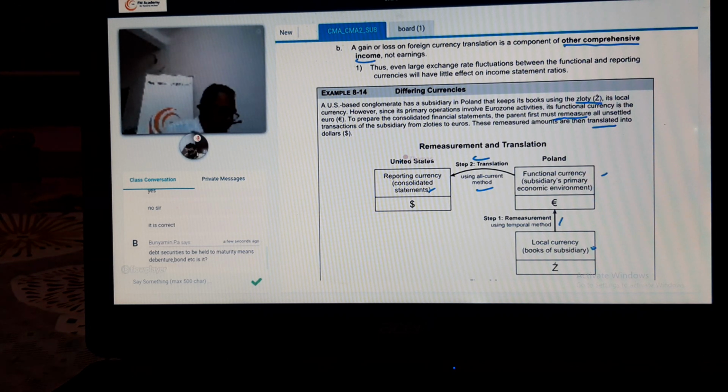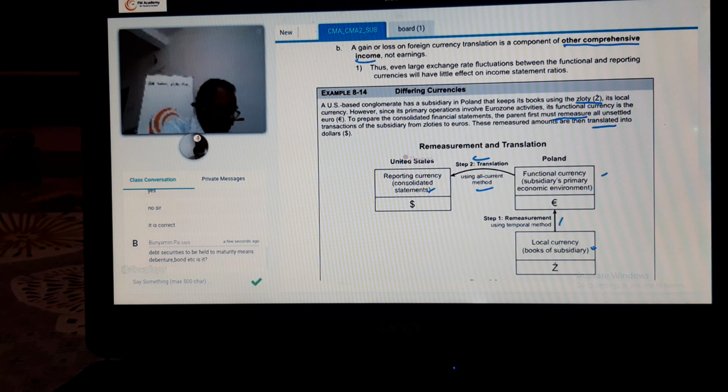Let's look at the questions. Page number 242, question number 24. Effects of foreign exchange fluctuations. If an entity's books of accounts are not maintained in its functional currency, US GAAP requires remeasurement into functional currency prior to the translation process.